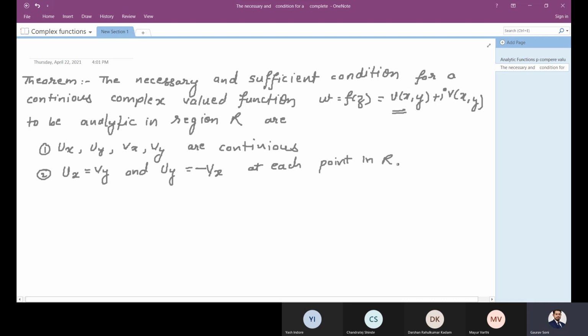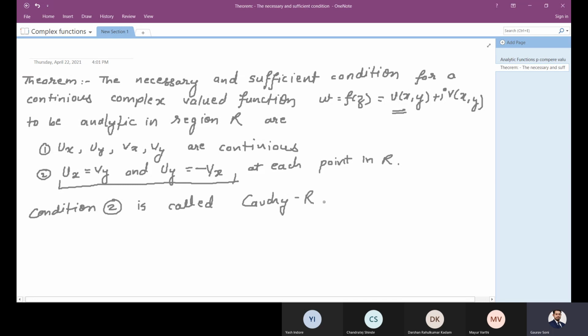So this condition 2, ux is equal to vy and uy is equal to minus vx, is called the CR equation. The full form is Cauchy-Riemann equation.